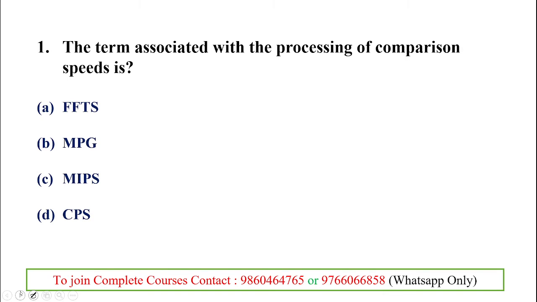The term associated with the processing of comparison speed is... In this question, you can see the term that is related with the processing speed of comparison. For the speed comparison, a particular term is associated, and that is none other than MIPS, also known as million instructions per second.